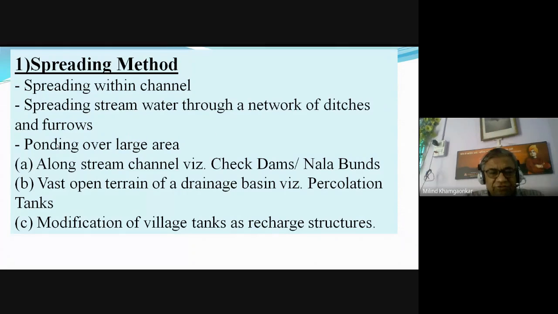As the name suggests, the water which is available may be rainfall water, or water in the channel, or in the stream, or in the river, which if not conserved or preserved into the groundwater, will be wasted into the sea. Ultimately all the rivers meet the sea, and after going into the sea, it is no longer reusable.